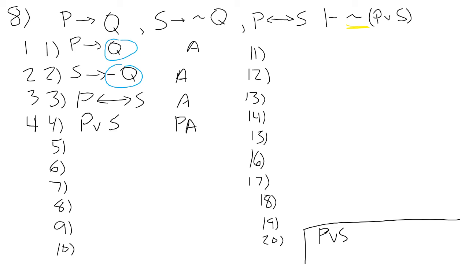Because usually we wedge out to the conclusion, which is tilde P or S. Well, in this instance, we're going to be looking for not that, but we're going to look for Q and not Q. We're going to look for our contradiction.